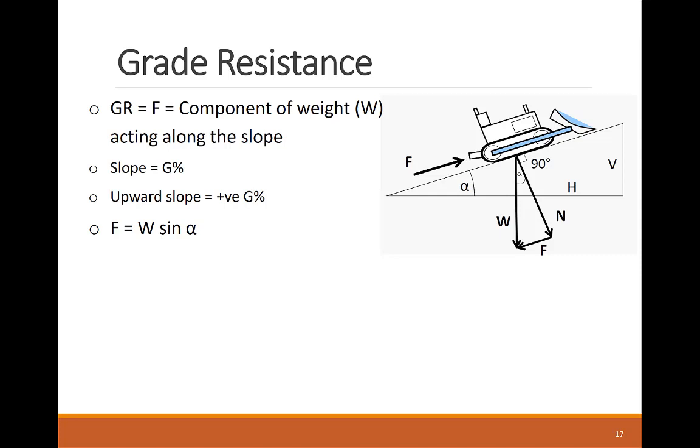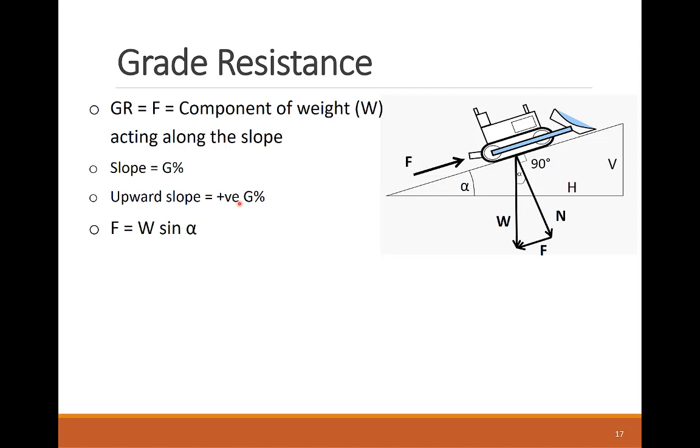The grade resistance, GR, force, equals the component F of the equipment weight parallel to the slope. Sloped surfaces are usually described by their grade percentage value, G percentage. A positive G percentage is used when the equipment travels upward or uphill on the slope.